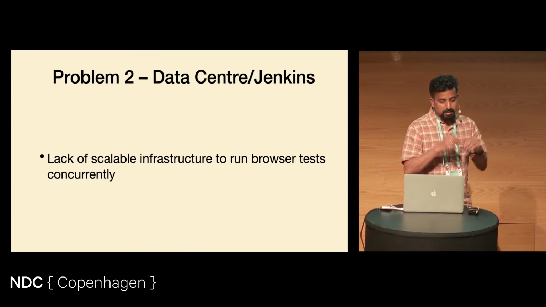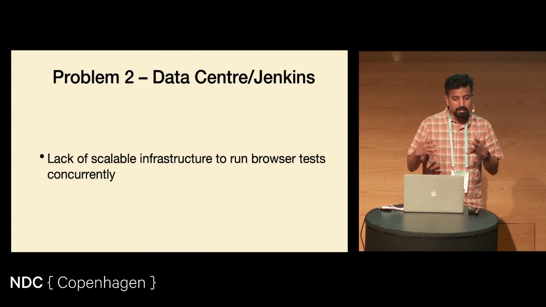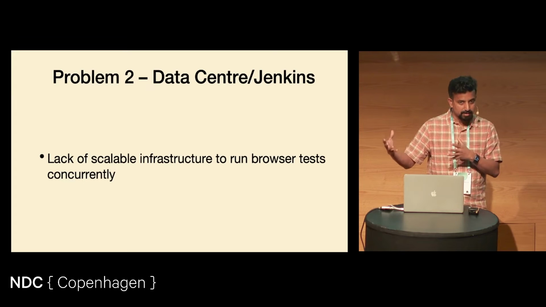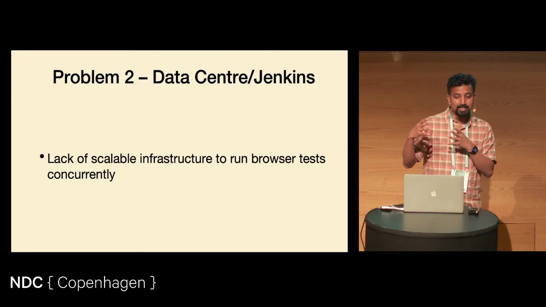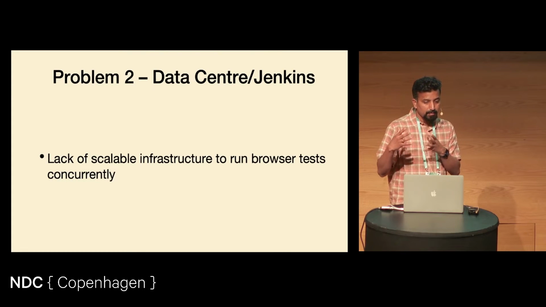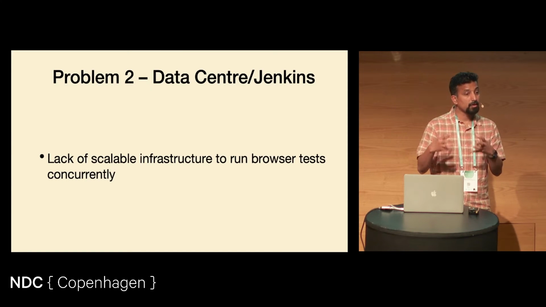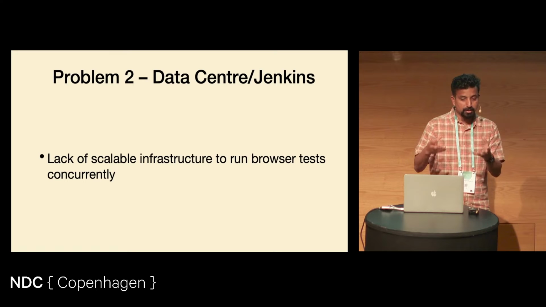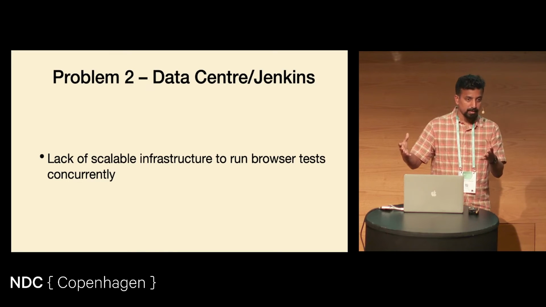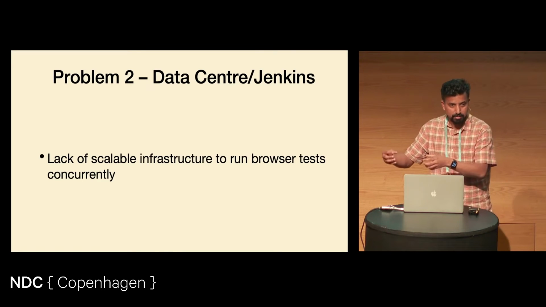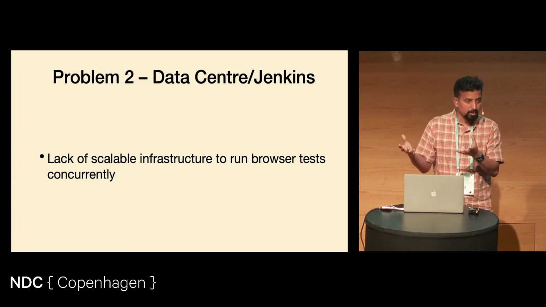The second problem is people. I see lots of companies try to run Selenium Grid in a data center or in Jenkins, where if you run automation in Jenkins, your browsers are going to be opening in executors, and that's not going to scale well, right? You only have one executor. You can probably open a maximum of 5 browsers there.